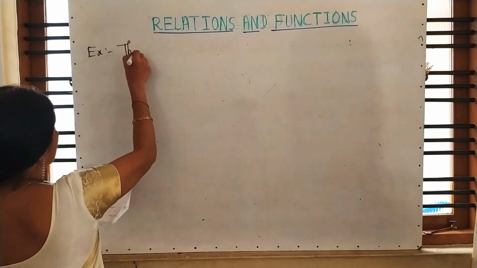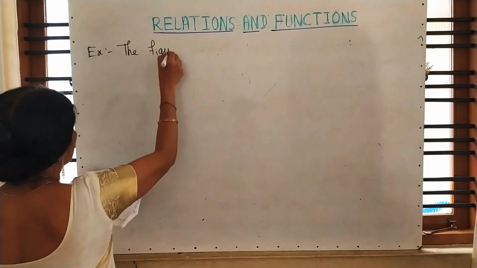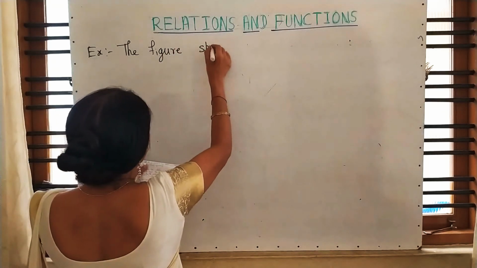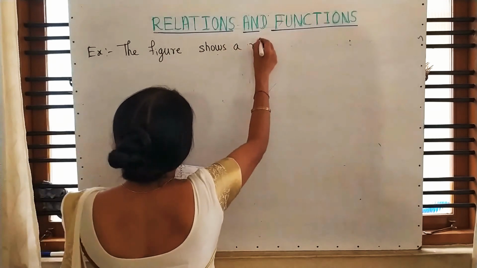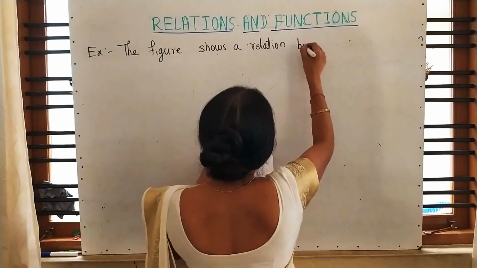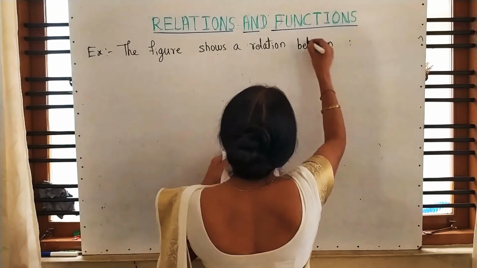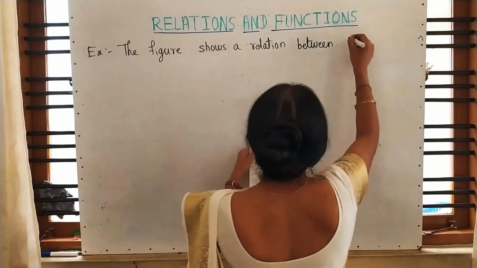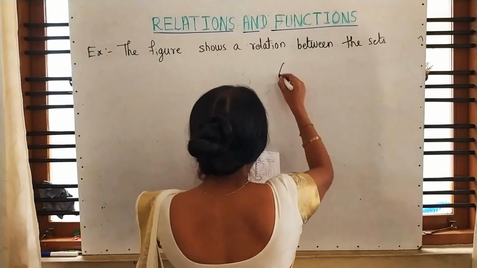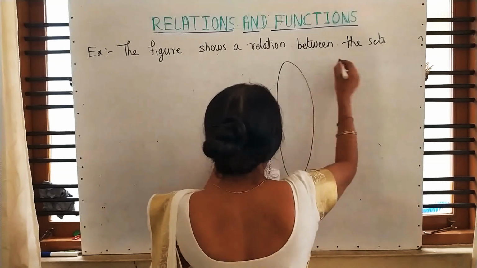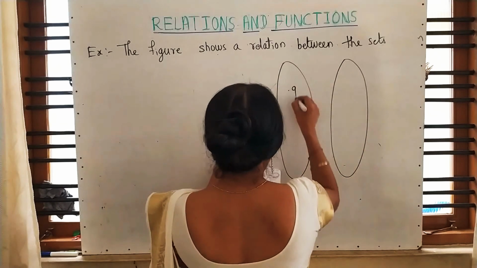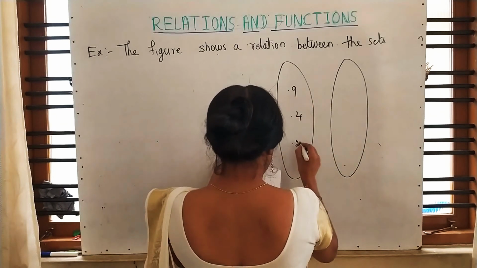The figure shows a relation between the sets. That means the figure is given to you in the question itself. 9, 4, 25.